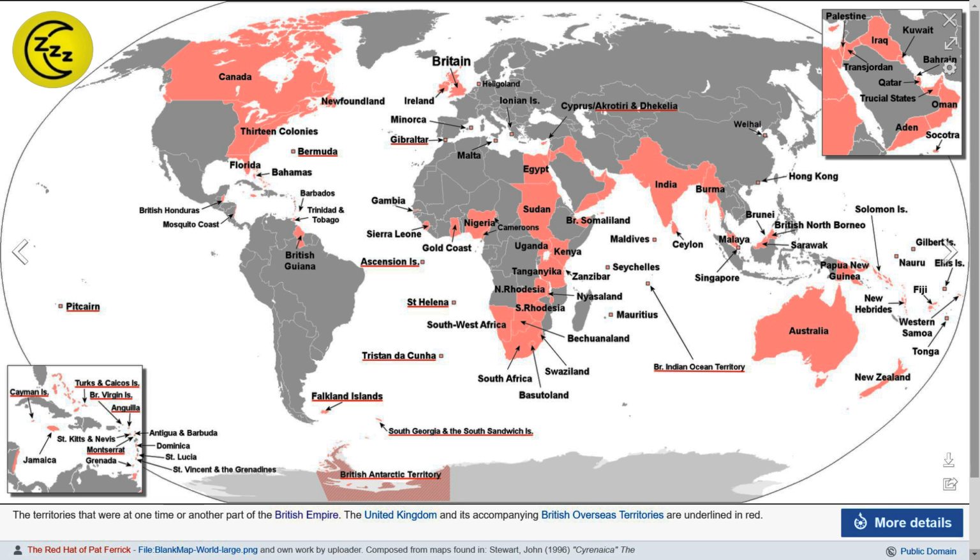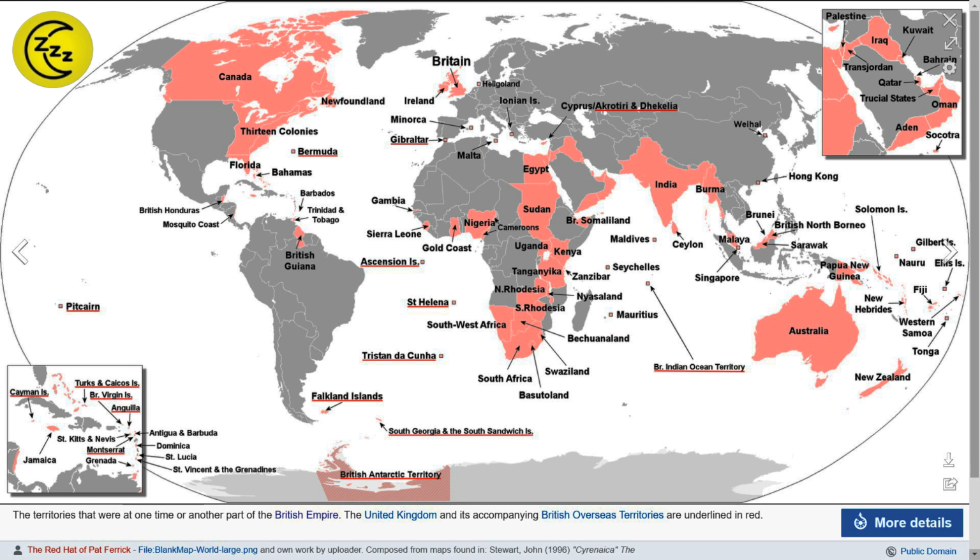The first permanent British settlement on the African continent was made at James Island in the Gambia River in 1661. Slave trading had begun earlier in Sierra Leone, but that region did not become a British possession until 1787.